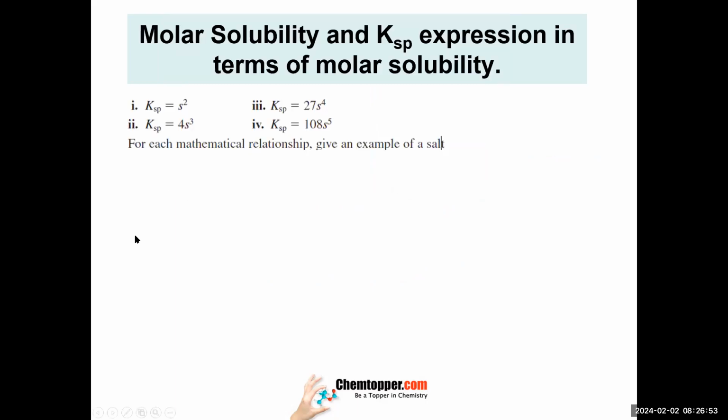This is another question. This question we have already done 2 times. They are asking you to give an example of the salt. So what can be the salt here? Which type? You know the type, right? What type? AB. I've given you the polyatomic ion list, and you have the periodic table. Can you give me one example of AB type?